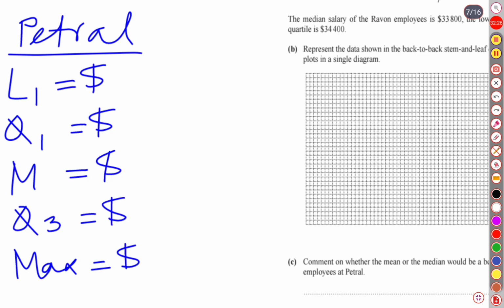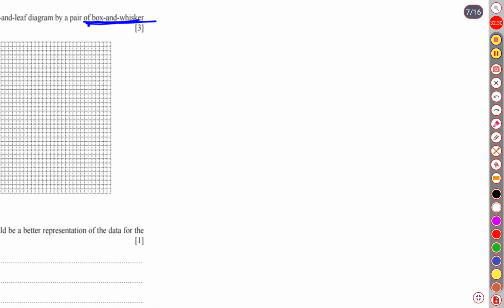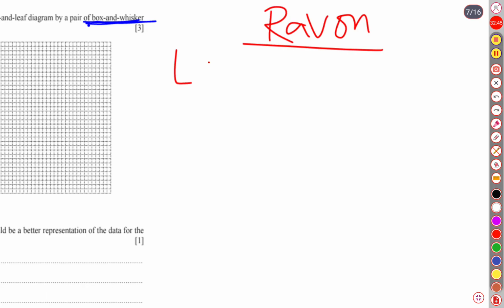Then this is for the Raven company. Raven may be written with a different ink. For Raven, first one is the lowest value of salary.